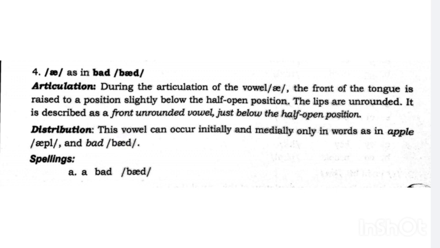The first letter is b, the last is d, and the vowel occurs in the middle. Only one spelling is given as an example: the letter A represents this vowel sound, as in bad.